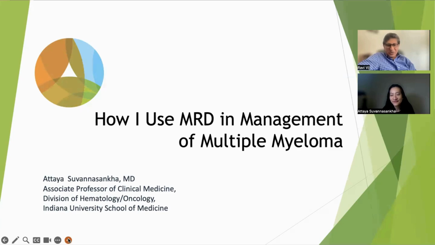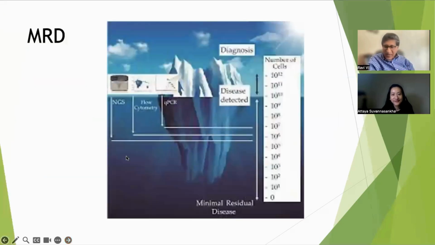But just to start off, just to educate those who are uninitiated, how do you check for MRD in multiple myeloma? So that is the first topic that if you talk to 10 people, they're all probably passionate about different technologies that are being used.